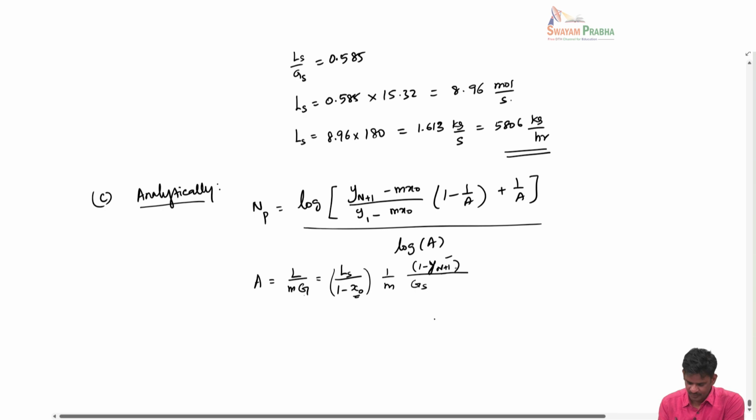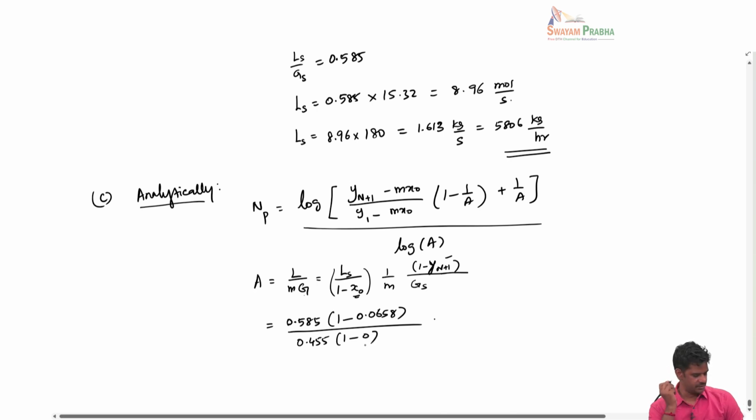Okay. So LS by GS ratio is 0.585, and then 1 minus this is 0.0658, and m is 0.455, and 1 minus x naught is anyway 0. Okay, so A I am getting something as 1.2.